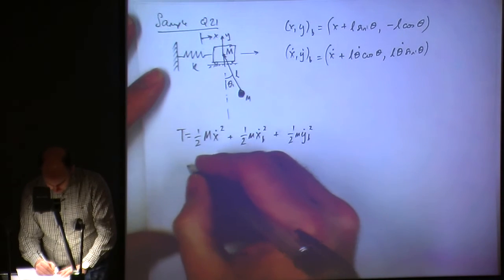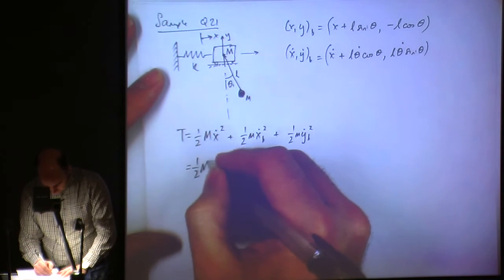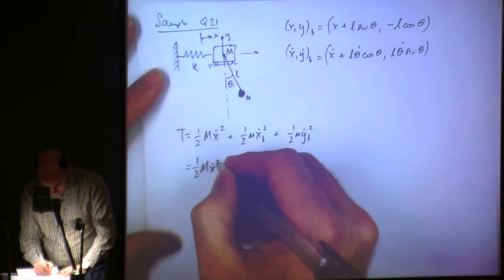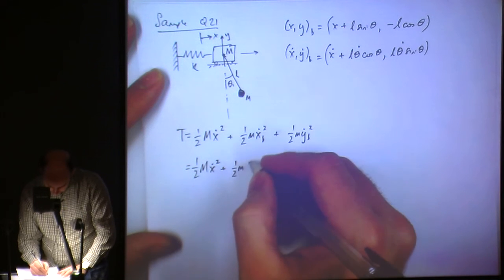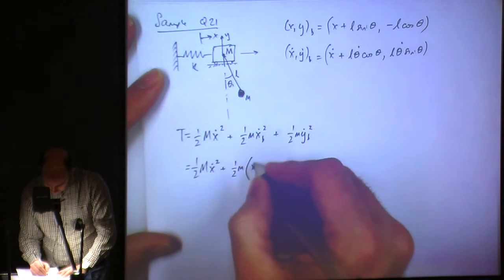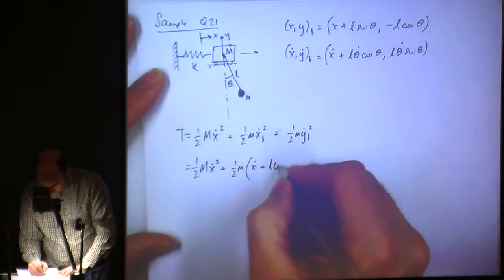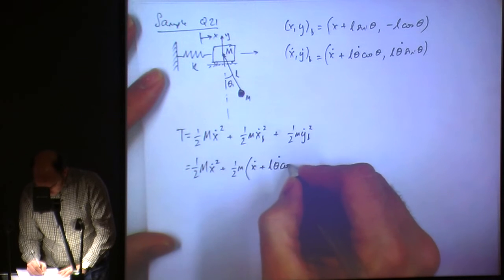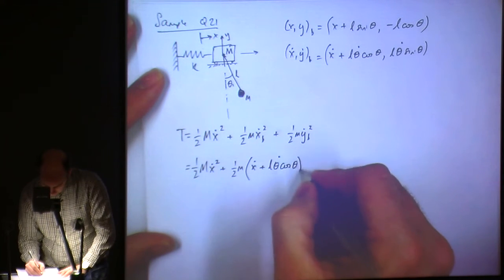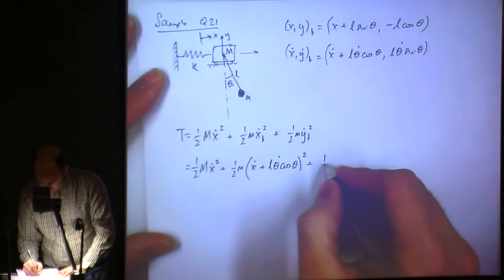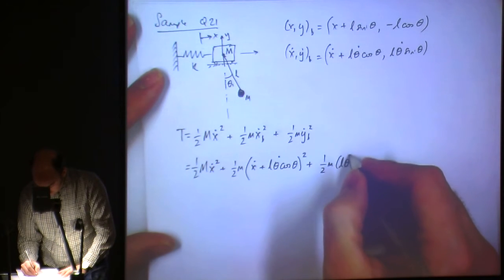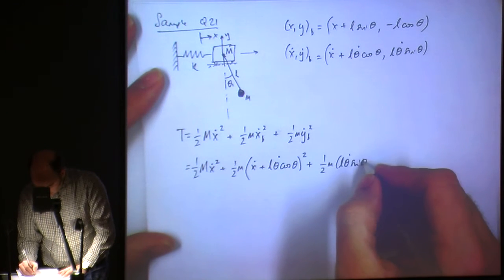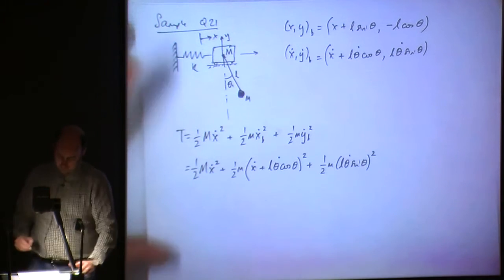So let's plug the values in for x b and y b. We've got 1/2 m times x dot plus L theta dot cosine theta, squared, plus 1/2 m L theta dot sine theta, squared.